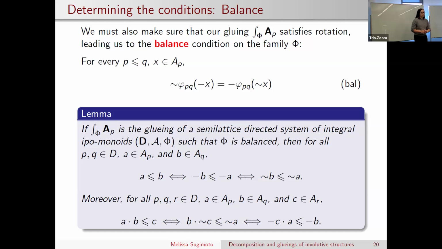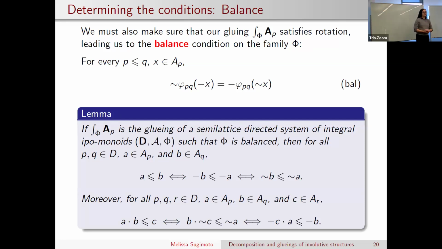And if we have that all of these maps are balanced, then we will get that the involutions are antitone, they're order reversing, which is something that we require. And we will also get that we satisfy rotation. So now we've fixed the positive elements. The set of positive elements is going to be what we want it to be. And we have order reversal and rotation.